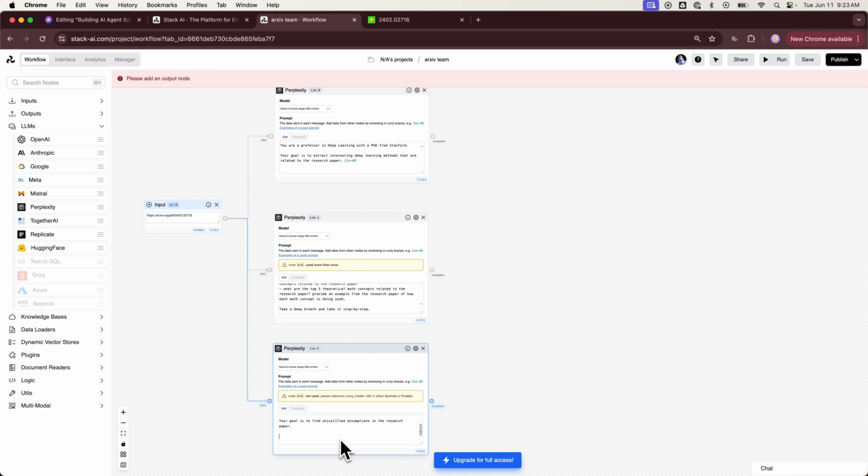Yeah, I think that's a good way to say it. Summarize the top 3 ideas in the paper that seem unjustified. That's not to say that it is unjustified. I just want the agent system to surface those potential weaknesses so that I can be aware of it and take a closer look if I'm interested. And similar to the math professor, we'll add a little chain of thought at the end. So take a deep breath and take it step by step.